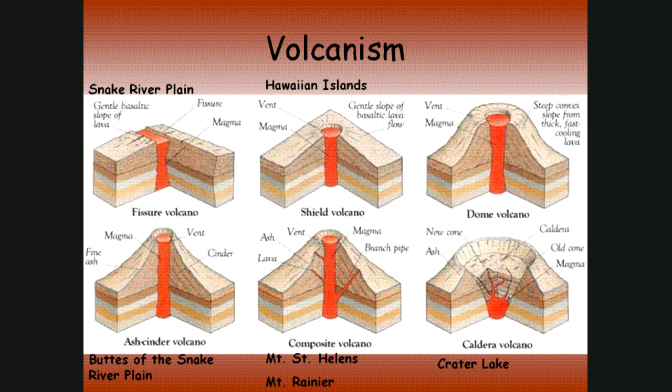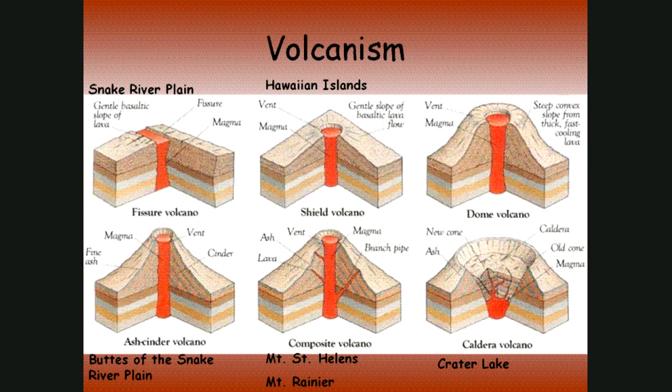So comparing its verticality to its horizontal position, my goodness, no comparison. And they're formed when you get a very thin lava. It's not viscous at all. And so before it has a chance to cool, it flows and runs out great distances, hence the flatness of those cones. Okay?